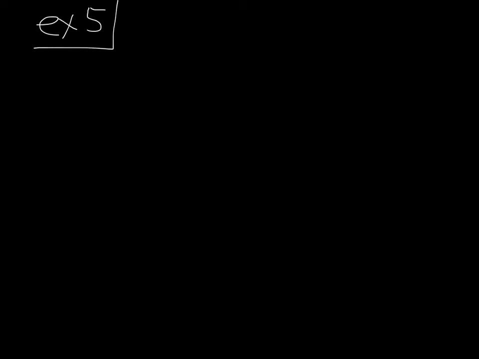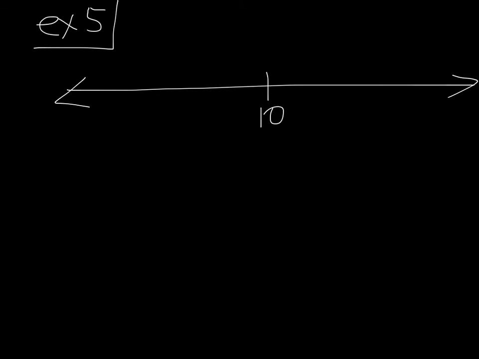Example 5 says write the inequality for the graph. The graph that they're giving you shows it kind of different, but they have a 10 here. It's an open circle, and it's everything shaded to the right.